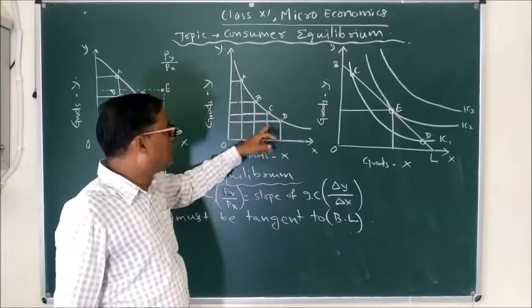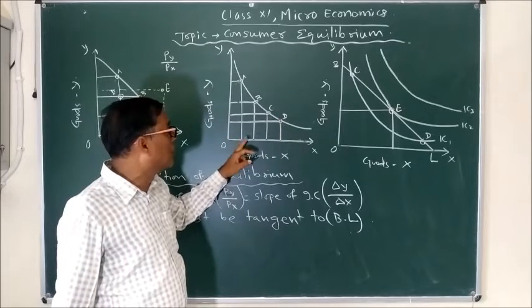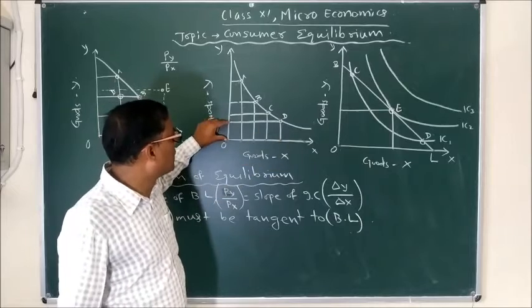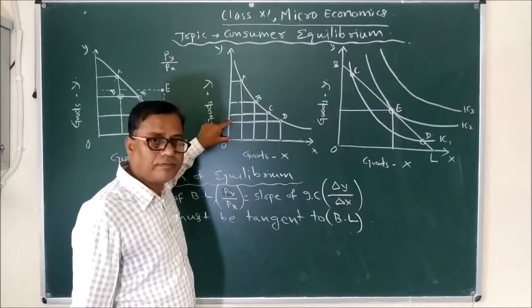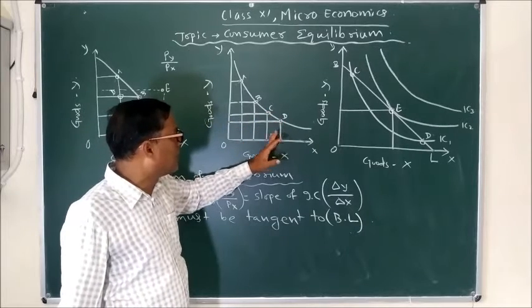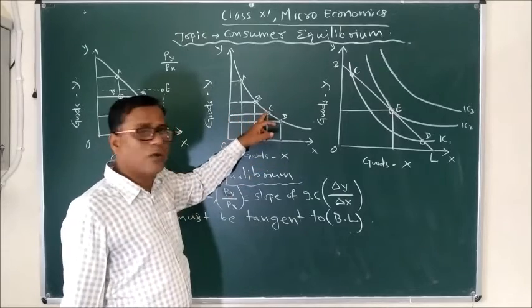If the consumer is willing to stay at point D, that means he is preferring this much of Y and this much of X. And if he is moving from D to C, that means he is sacrificing 1 unit of X and increasing a little bit of Y.